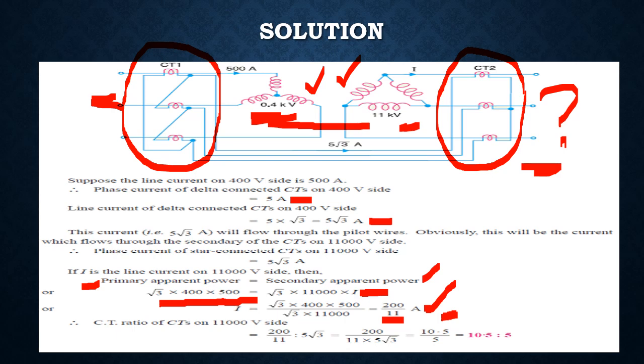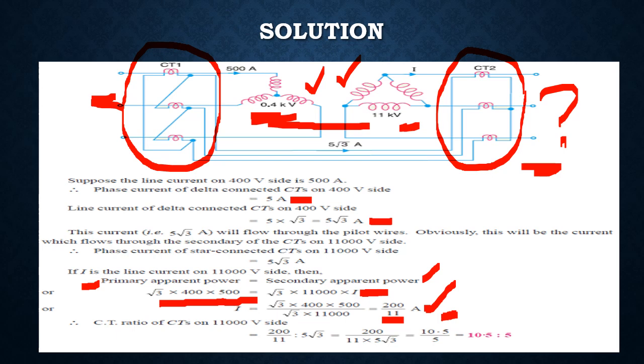This 5 root 3 amperes will flow through the pilot wires. What is meant by pilot wires? Pilot wires are nothing but the cables which are used to connect the secondaries of CTs on both sides of the transformer.